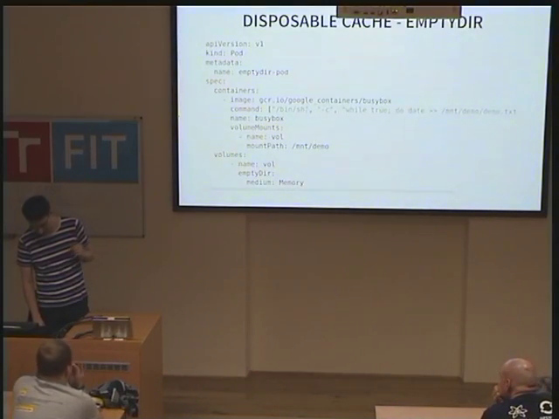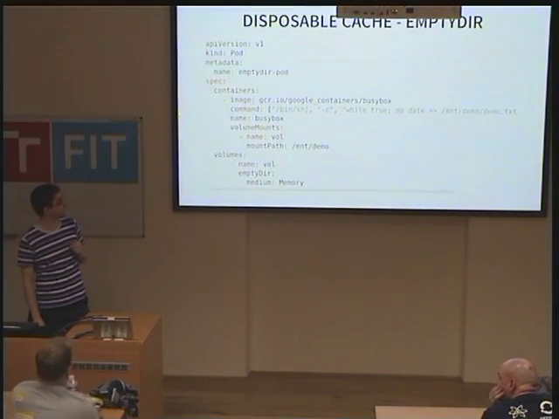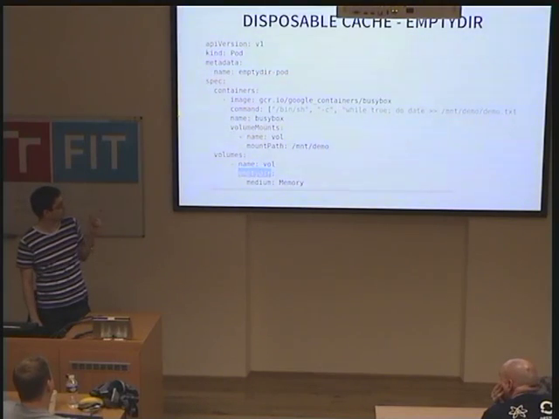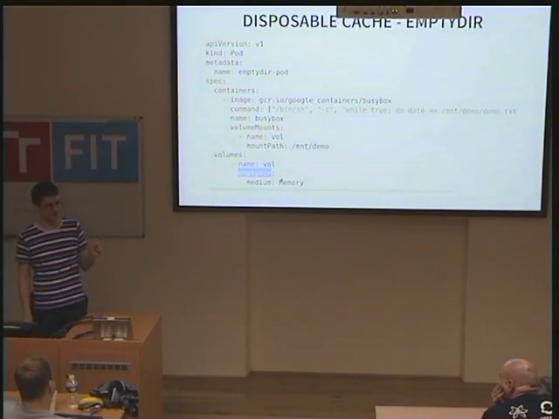This is the same pod. Up to this line, it's the same as before. You just won't mount the NFS share into the pod. You will mount an empty directory in memory. That means you will get really fast TempFS-based storage inside your pod.